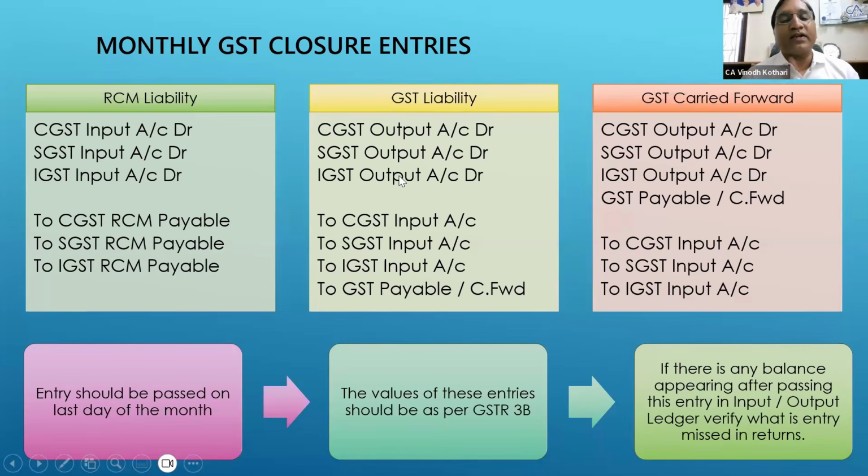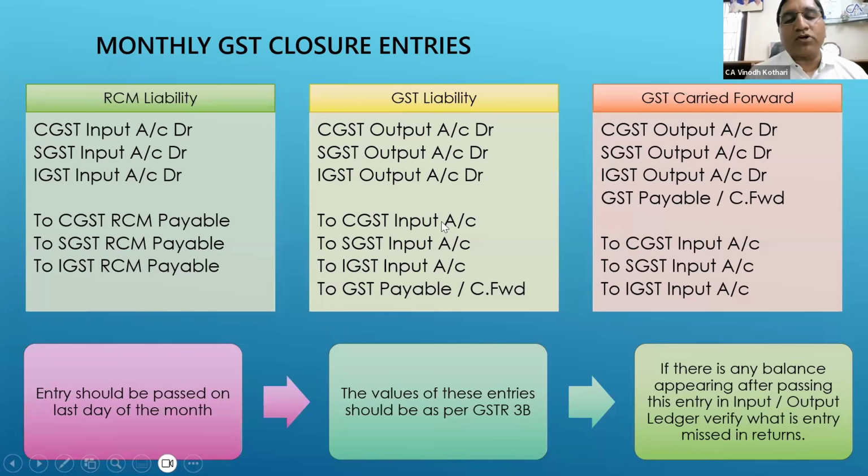Don't put the value as per Tally. As per the GST return, what is the CGST output for that month? What is the SGST output? What is the IGST output? This entry you pass on the 30th, the last day of that month.